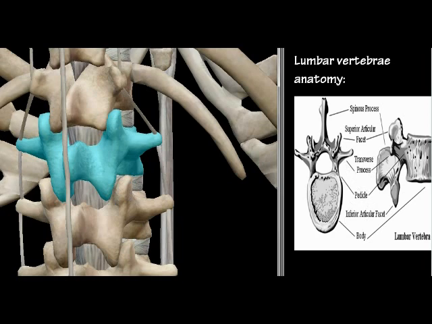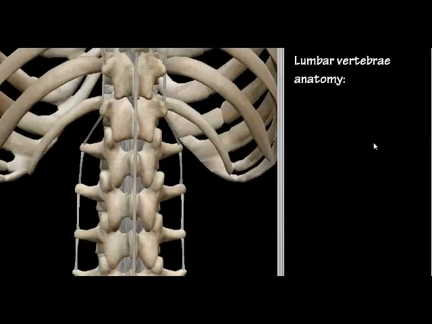Let's see about the anatomical features of the lumbar vertebra. Lumbar spine consists of 5 movable vertebrae numbered from L1 to L5. Lumbar vertebra are the largest segment among the vertebral column.